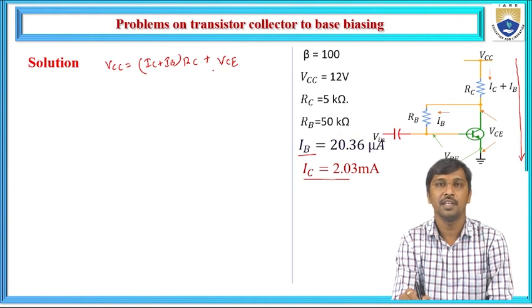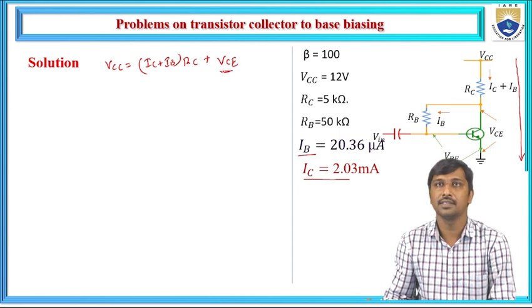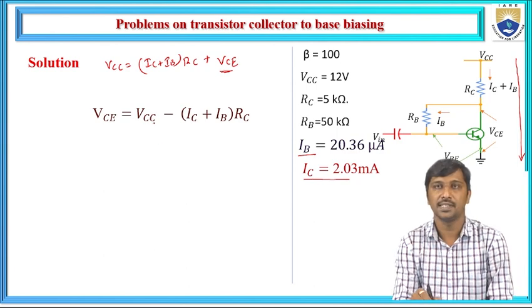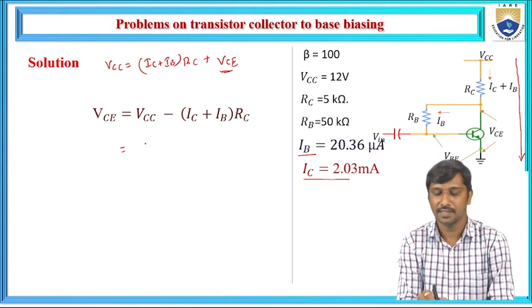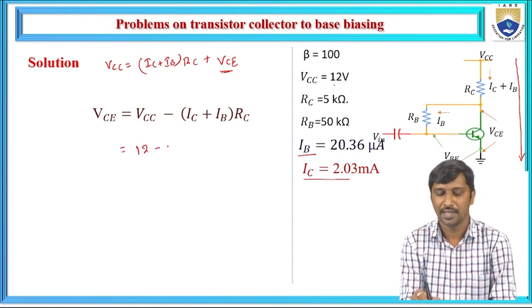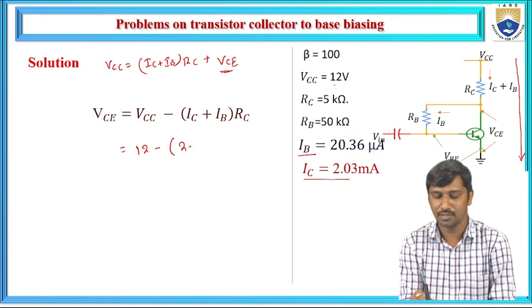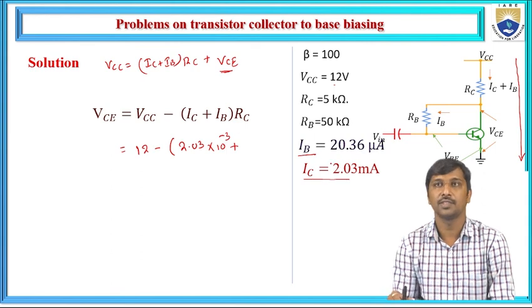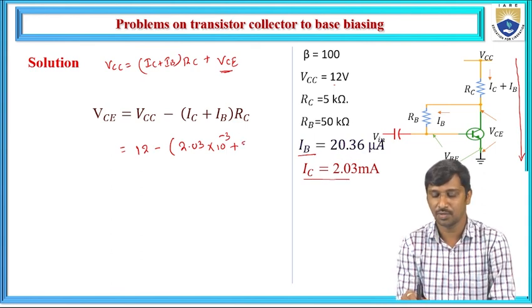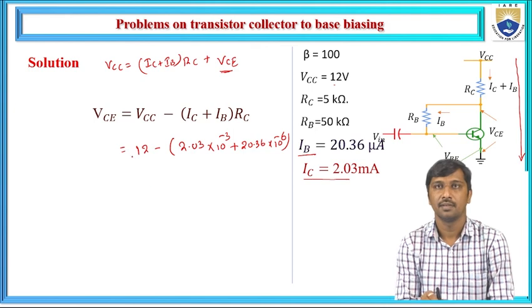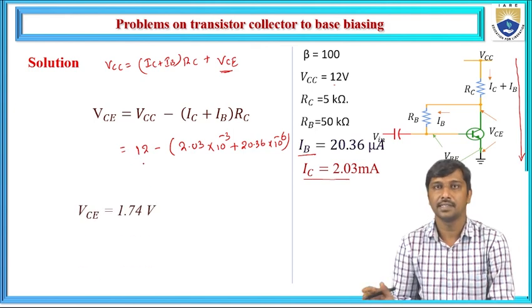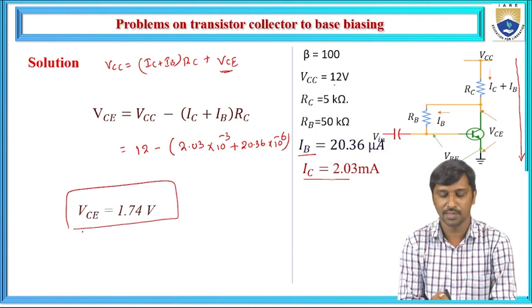From this relation, VCE is equal to VCC minus IC plus IB times RC. Now substitute the specifications. VCC is 12 volts minus IC, 2.03 into 10 to the power of minus 3, plus IB, 20.36 into 10 to the power of minus 6. If you solve this, VCE is 1.74 volts.